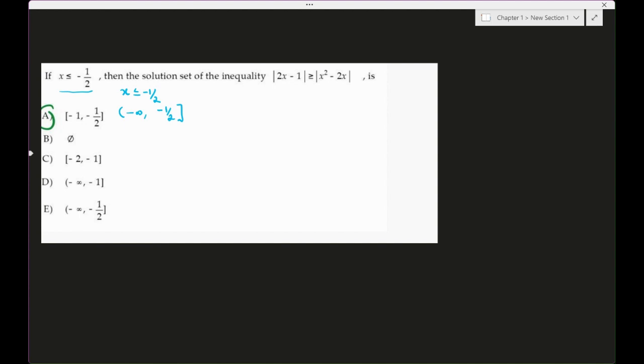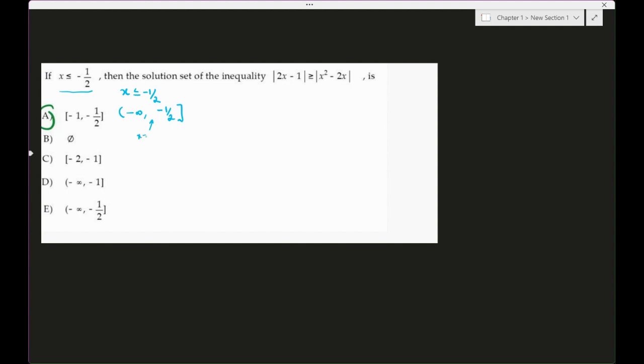So what we can do is take any point in this interval, because we need all the x inside here. If I take, for example, minus 1, which is in that interval, let's test to see the sign of the quantity inside the absolute value.